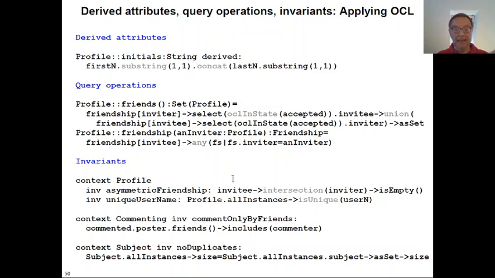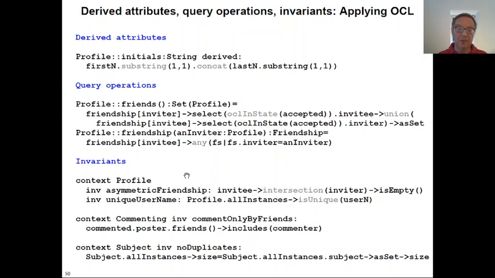So I cannot be in connection with another profile both as an invitee and as an inviter. That is the intention behind this invariant that restricts the possible object diagrams, of course. The intention is that between two profile objects there is at most one friendship link. And this is guaranteed by the following requirement.